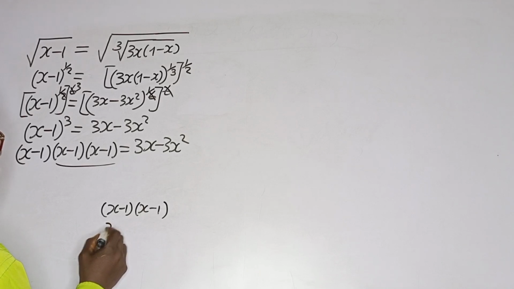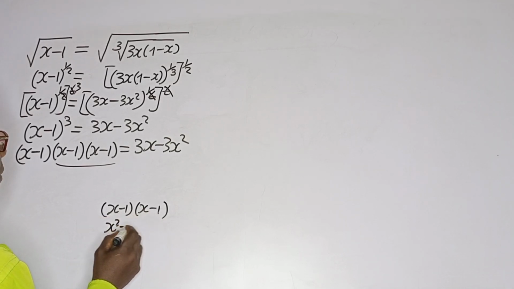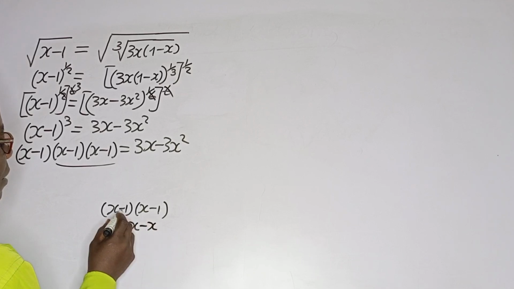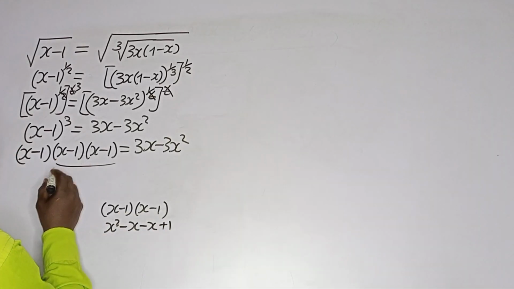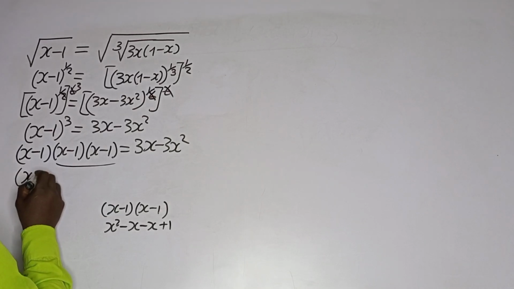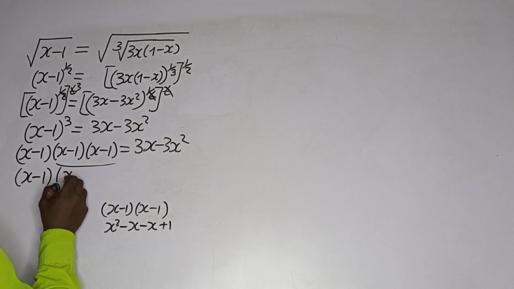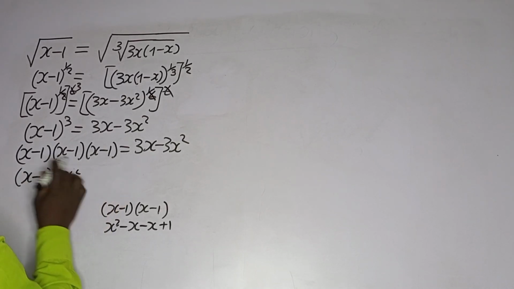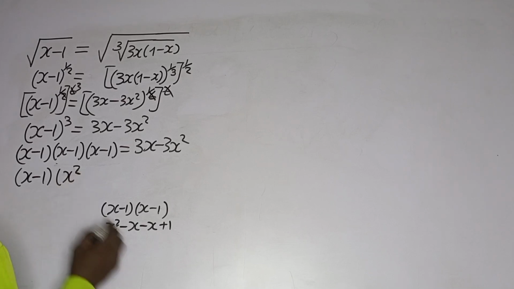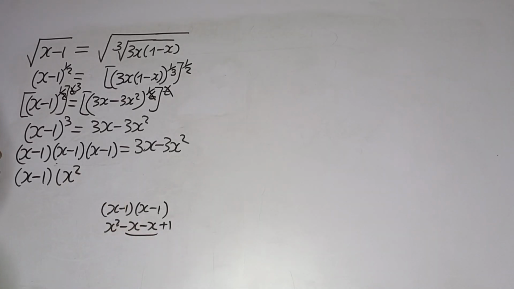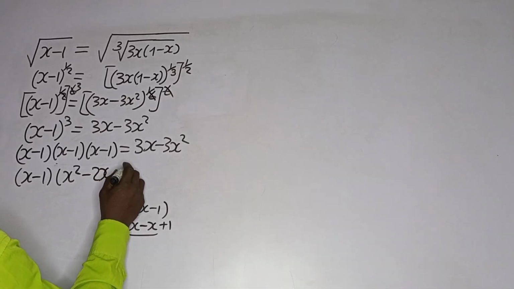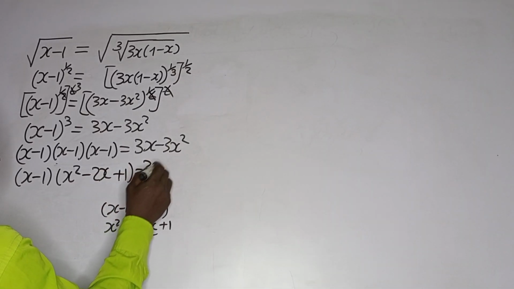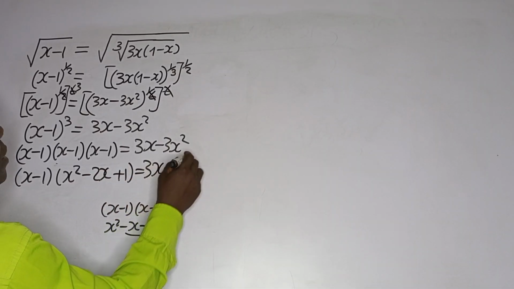X multiplied by x, x squared; x multiplied by negative 1, negative x; negative 1 multiplied by x, negative x; negative 1 multiplied by negative 1, positive 1. And so this here will be x minus 1 into x squared minus 2x plus 1 is equal to 3x minus 3x squared.